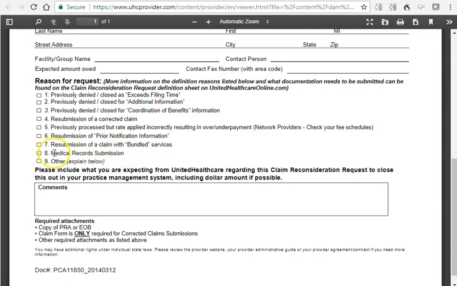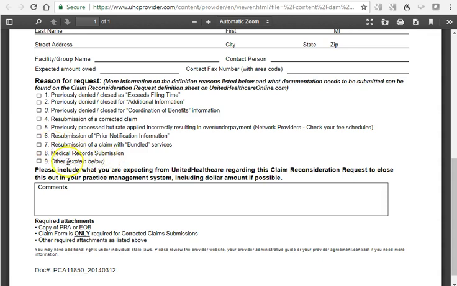Okay. Medical record submission. Now this is when there's been an indication that additional records are needed to validate the claim that was submitted. This might be in the case of prepayment audits, for example.